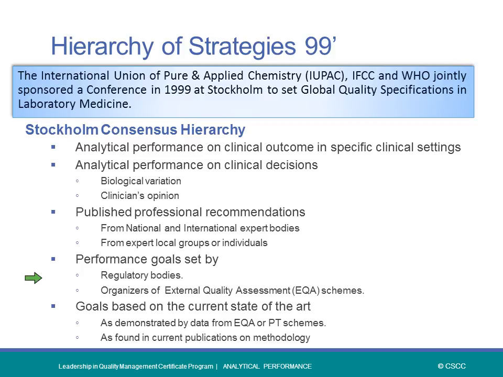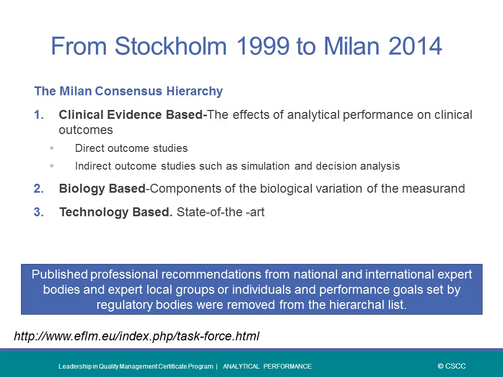Now, about a year or so ago in Milan, there was a reevaluation of that five-fold hierarchy that came out of the Stockholm conference. This led to this particular consensus hierarchy.